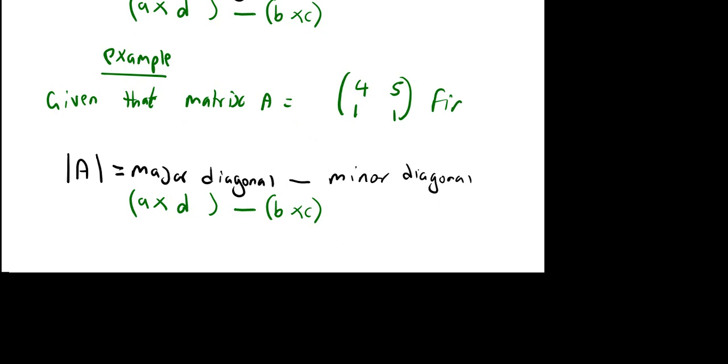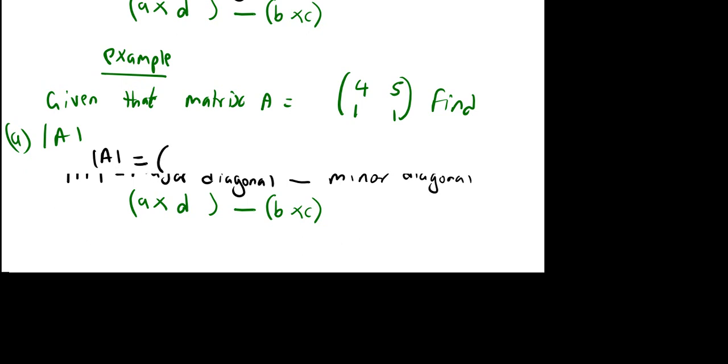Find the determinant. Basically, find the determinant means they're asking you to find the determinant. So for you to determine the determinant, let me use black ink. The determinant of A is equal to major diagonal minus minor diagonal.